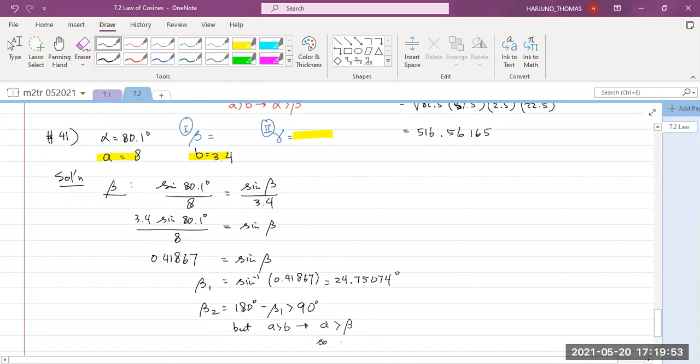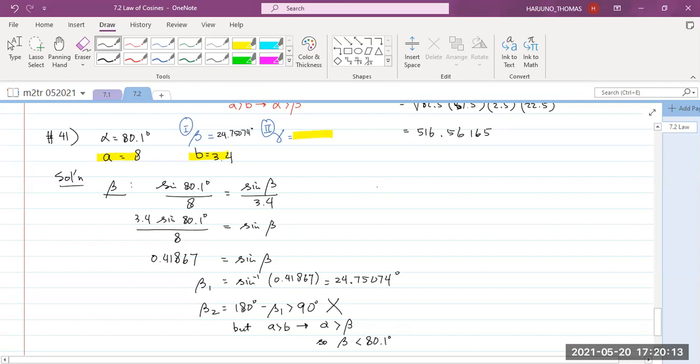So beta has to be less than 80.1 degrees. That's why you cancel that. So your beta now is 24.75074 degrees.